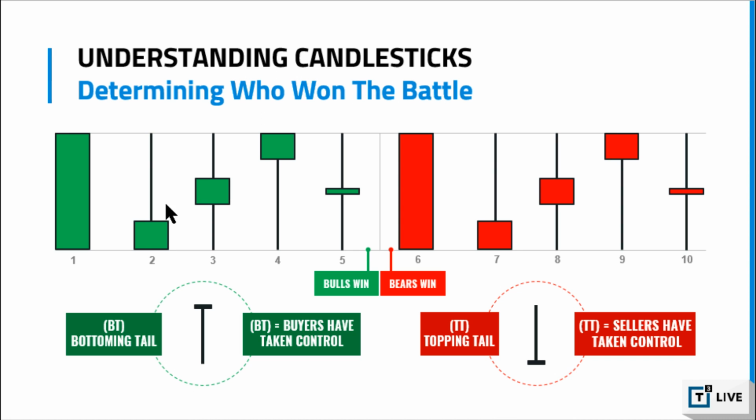It opened here and rallied all the way up to the top, and before the candle had finished forming, the sellers showed up and forced prices to close down here. So while the stock closed higher than where it opened, if you bought the stock, you would have made money. Which group was in control at the end?